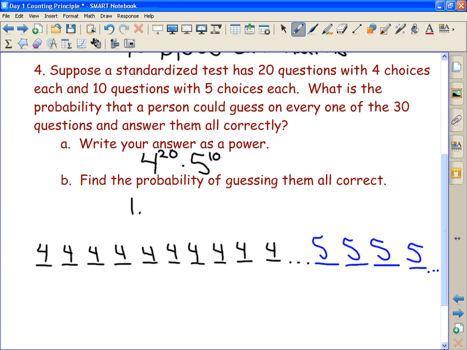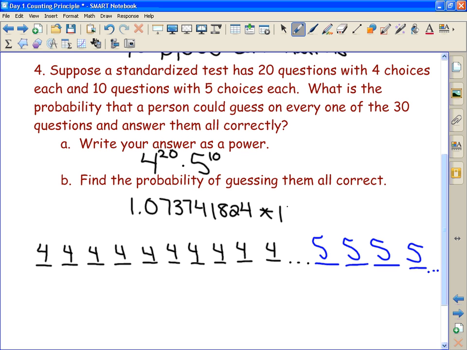This is what my calculator tells me. 1.073741824 E19. Now, for those of you that don't remember, last chapter we talked about what that E means. It actually means times 10 to the 19th power.